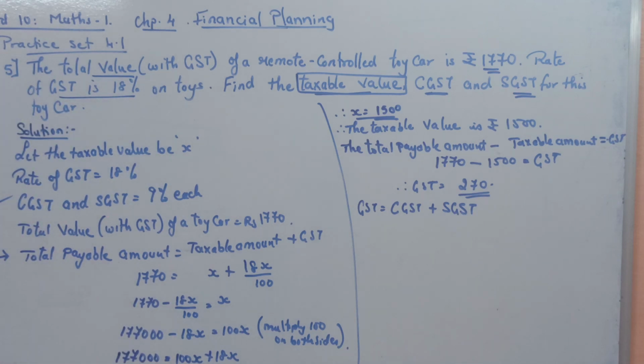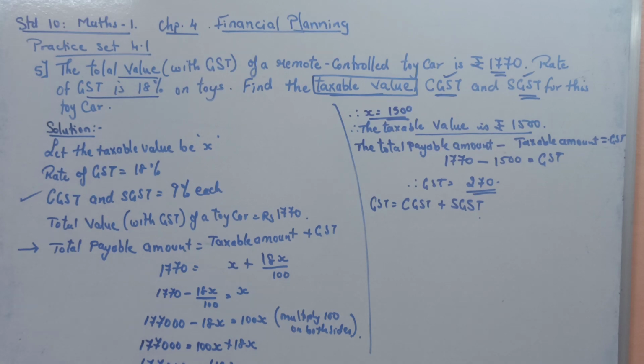We know that, because we have already written it, so no need to make it bigger. You can stop over there. Now you have followed GST is equal to CGST plus state GST.